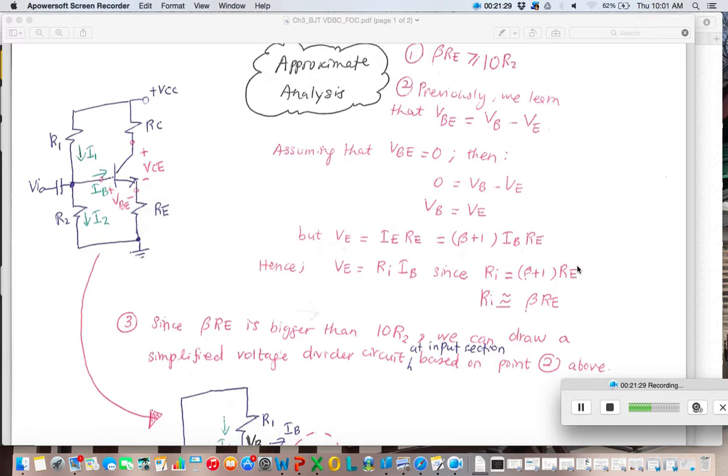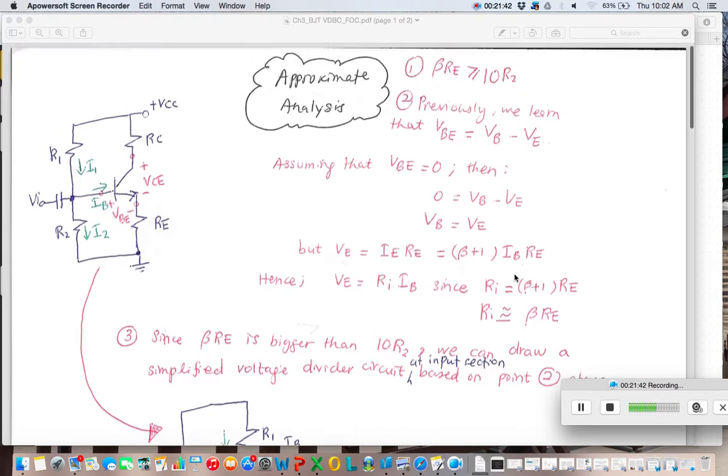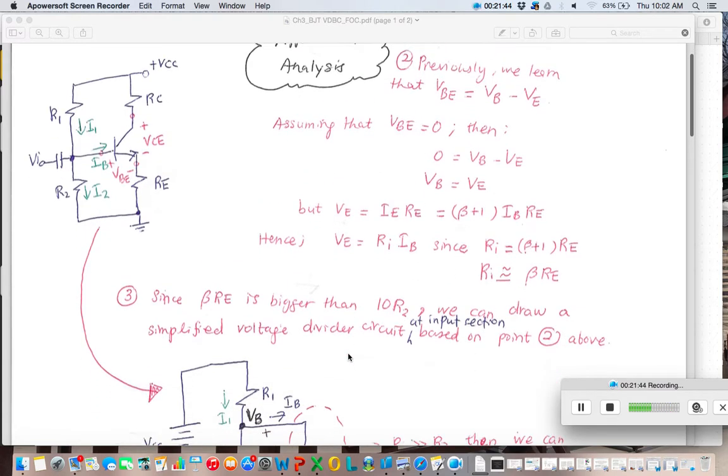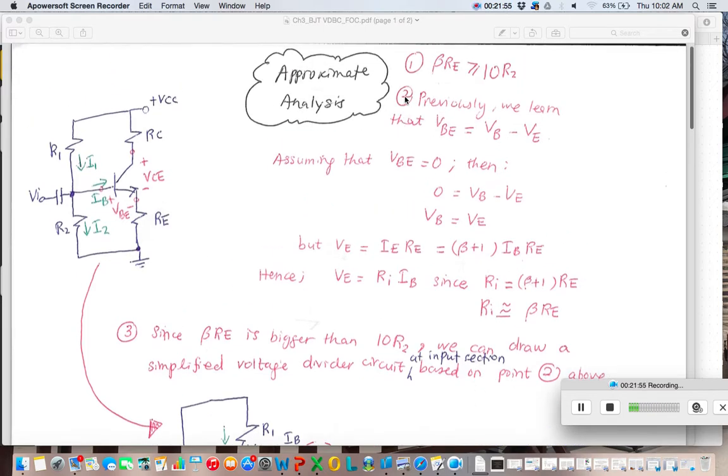These things come back to the rule of thumb, beta RE. So if beta RE, when you calculate, is bigger than 10 R2, we can draw a simplified voltage divider circuit at the input section based on point 2 above.